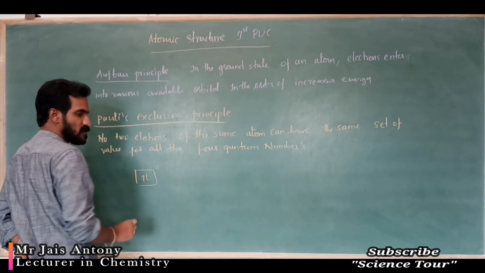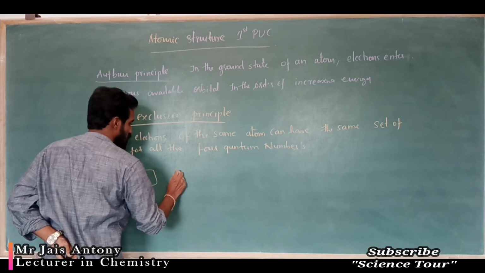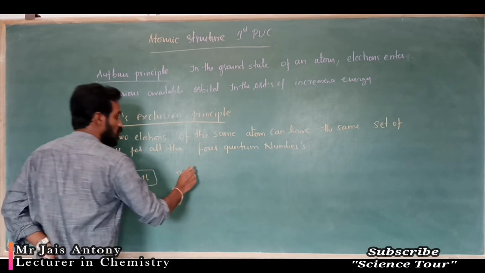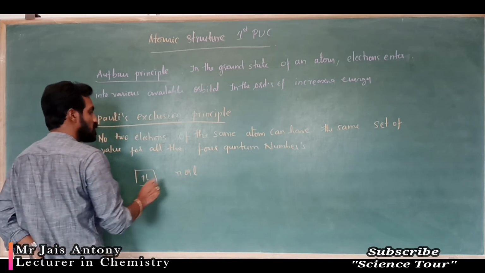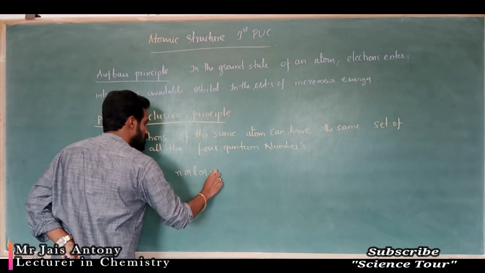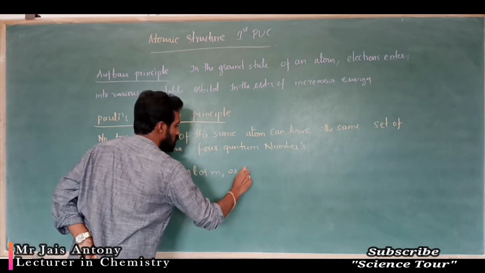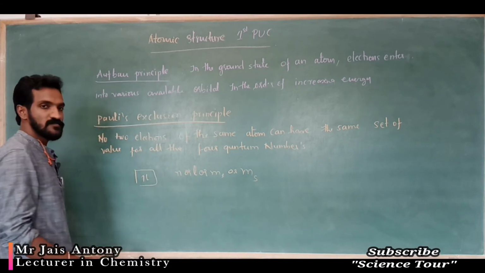These two electrons may have different n values, or the same n value, or different l or m values, or a different spin quantum number. Any one of these may differ.